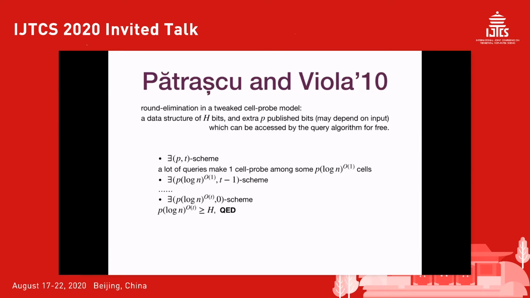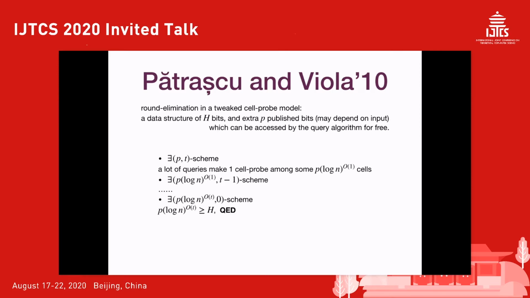The classical round elimination was developed by Pătraşcu and Viola in 2010. Their proof uses a new variant of round elimination in a tweaked cell-probe model. In this model, a data structure may use extra p published bits besides the minimum space to store the database. The published bits may arbitrarily depend on the database.